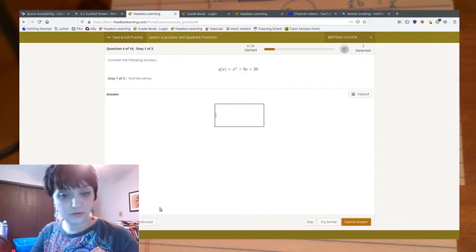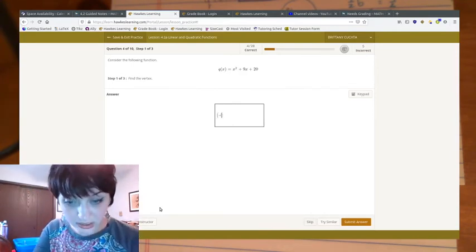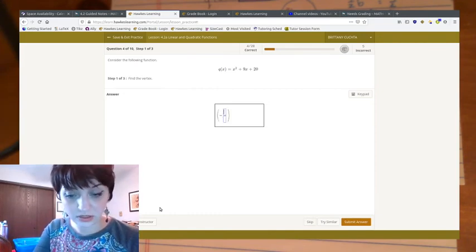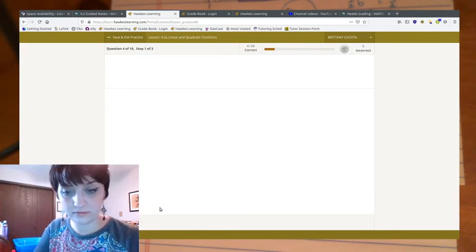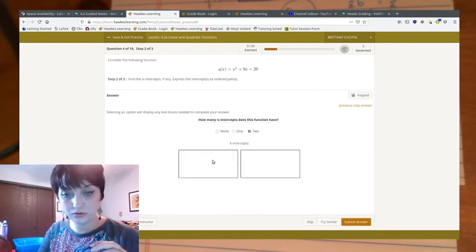Okay, so in Hawks, they ask for the vertex first. So the vertex is negative 9/2, comma, negative 1/4. So that was right. How many x-intercepts does it have? It has 2.